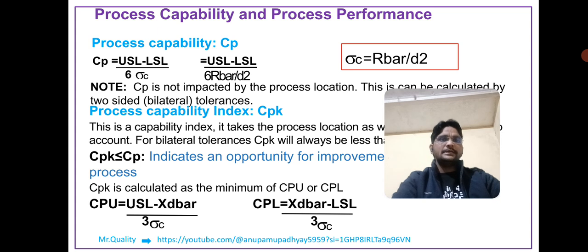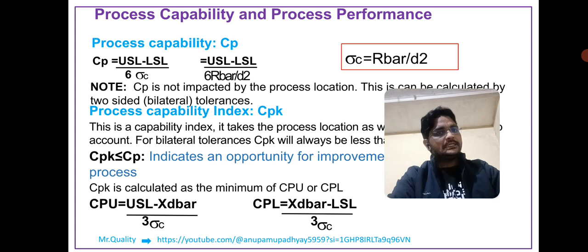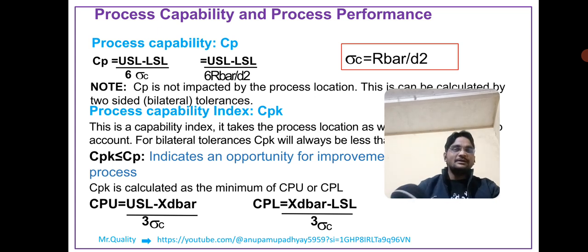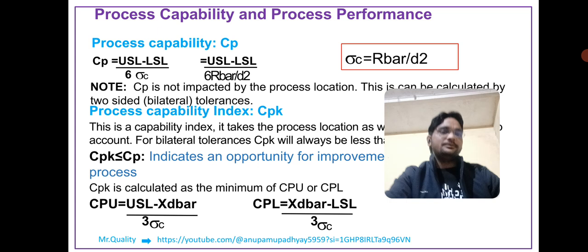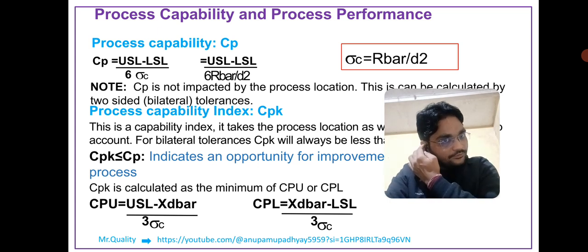Process capability and process performance, continued. For process capability and the process capability index, we use sigma c, the within-system variation. When there are no assignable variations and only common causes of variation are present, it is known as process capability, denoted by Cp.